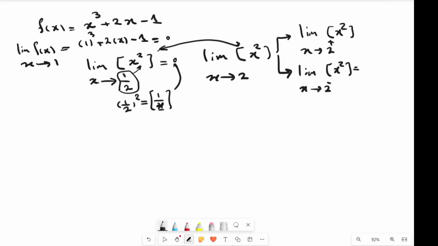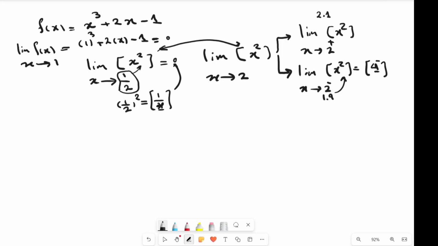Guys, I'm gonna give you a cheat. The positive part is 2.1 and the negative part is 1.9. If you put 1.9 with power 2, you absolutely know it is less than 4, yes?